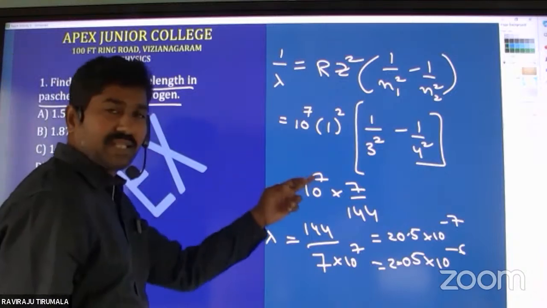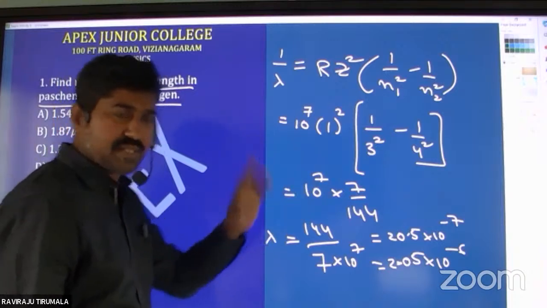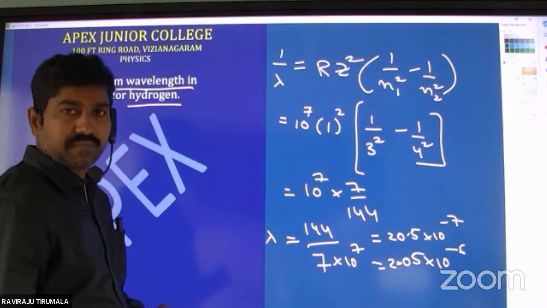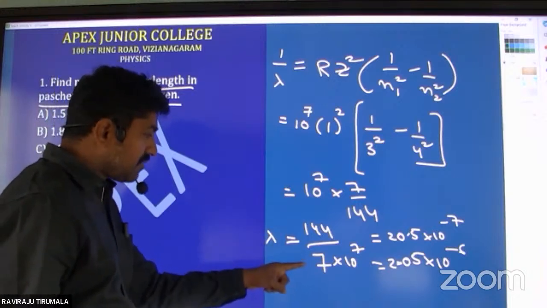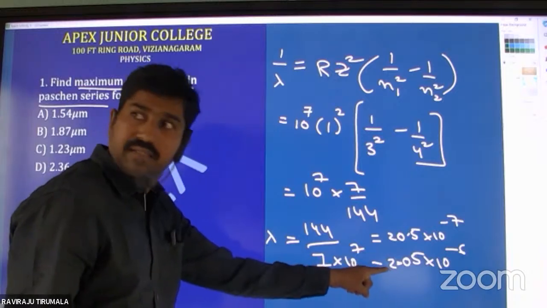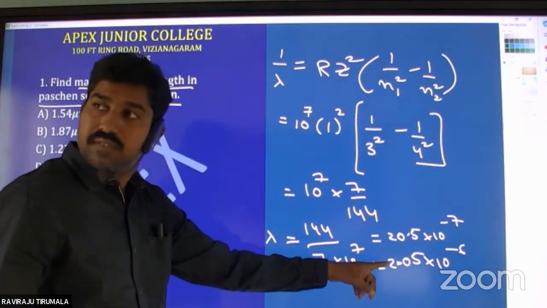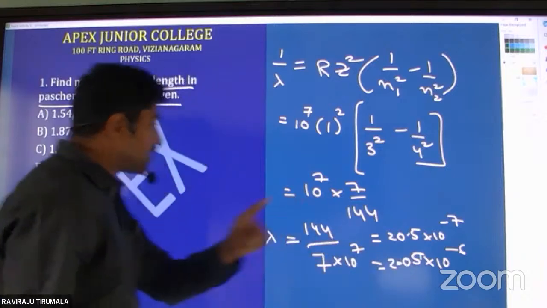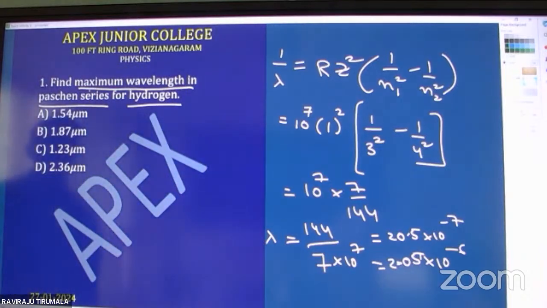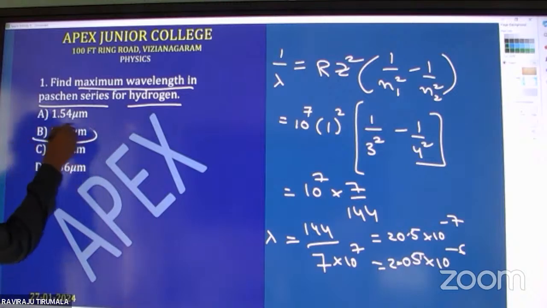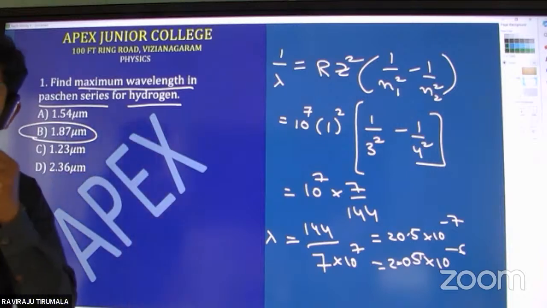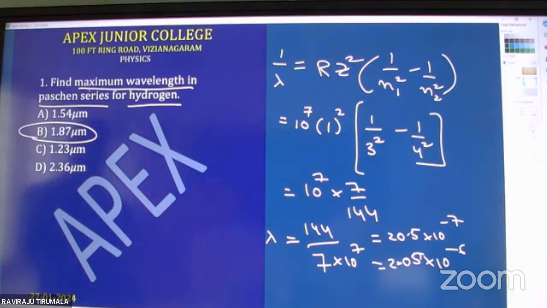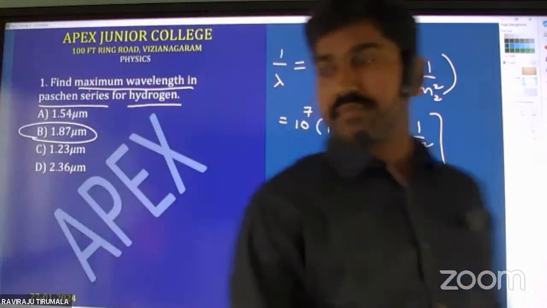It is just more than that, 1.0937 something into 10 power 7. That value is in the denominator, so the real answer will be slightly less than this value. Which is the nearest value, just less than 2.05? That is 1.87 micrometer. So the answer is 1.87 micrometer.